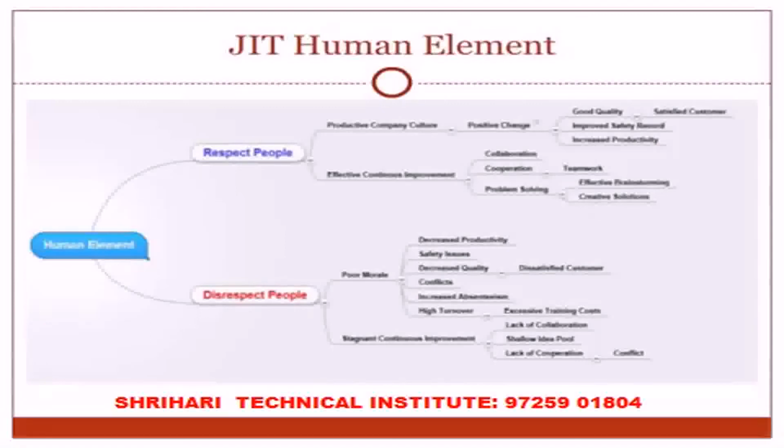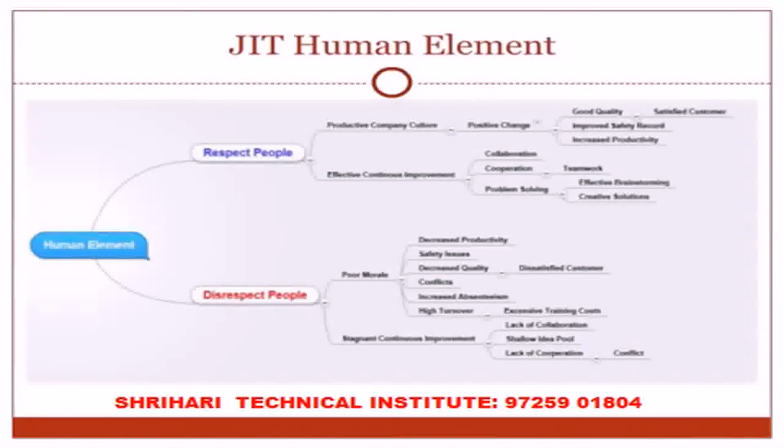But on the other hand, if you respect people, you have a positive company culture, which of course leads to good quality, improved safety record, increased productivity, a satisfied customer, which leads to additional sales, more customers, and you have effective continuous improvement, where everybody works together, they collaborate, cooperate, and they solve problems together through teamwork, through effective brainstorming and creative solutions.